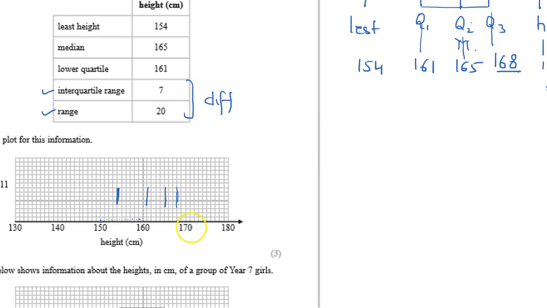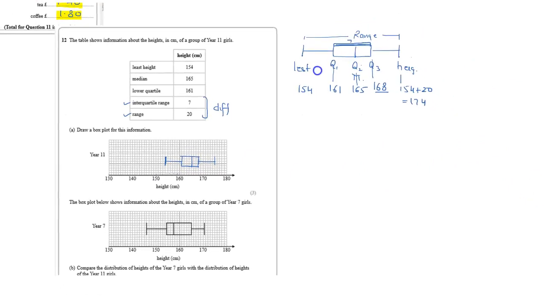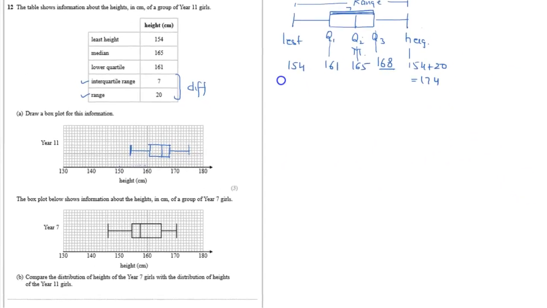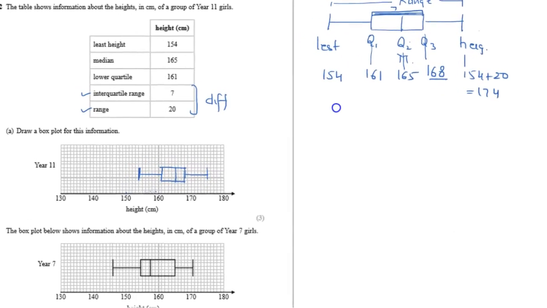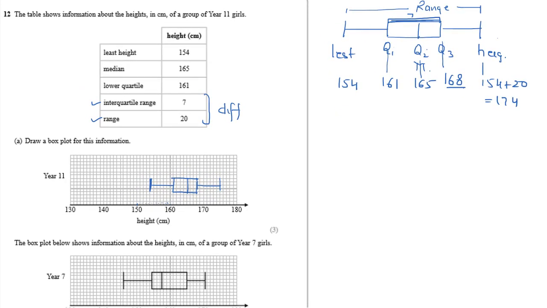This is 170. 1, 2, 3, 4. My diagram is not very accurate, but it gives you an idea how to make a box. So that's how we make the box here. But the thing to remember is this: 5 values and 2 values of the differences.